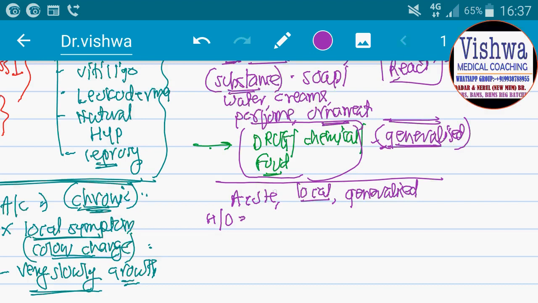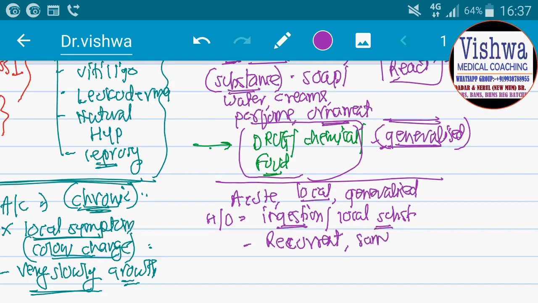Patient gives history of ingestion or local application of some substance. Patient will always say that whenever I eat this, this happens to me, and it is recurrent with the same substance.